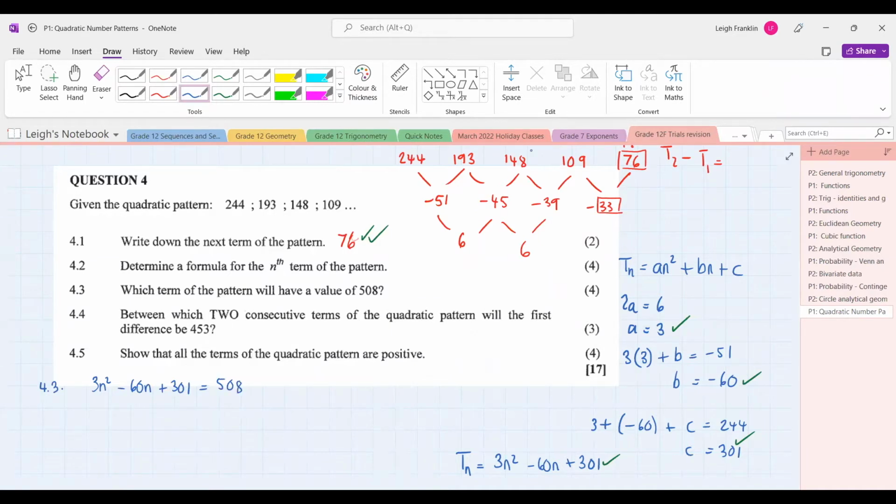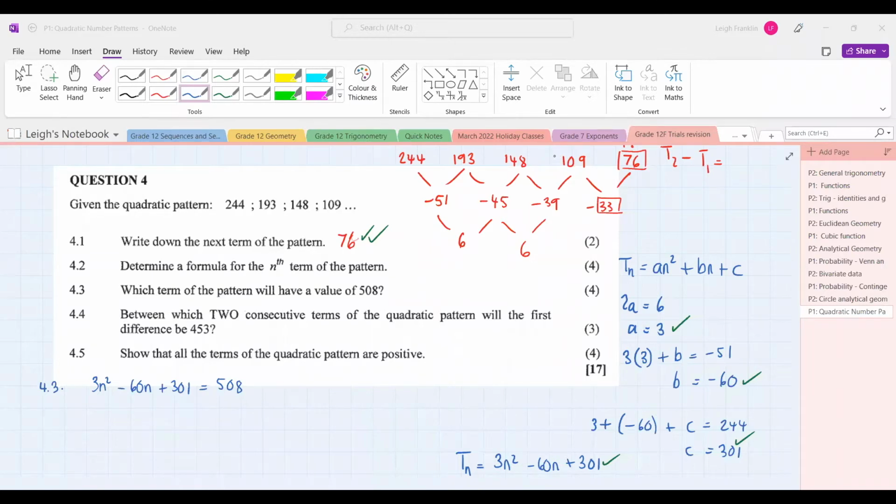So once we've done this, what's the next step? Okay, so we're going to take the C over, subtract. We can divide by 3, Nick, if we want to.